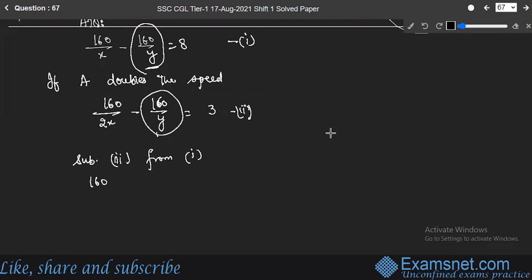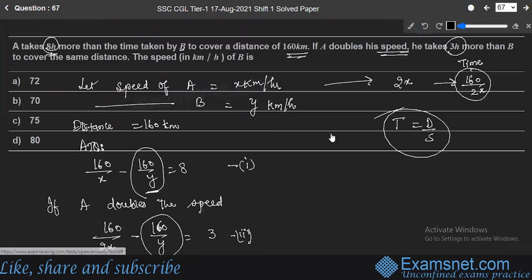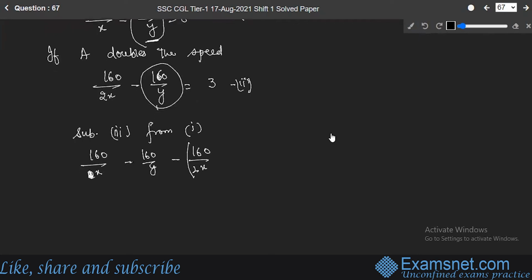So this makes 160 upon x, sorry, here it is not 2x, 160 upon x minus 160 upon y, minus 160 upon 2x, minus 160 upon y is equal to 8 minus 3.